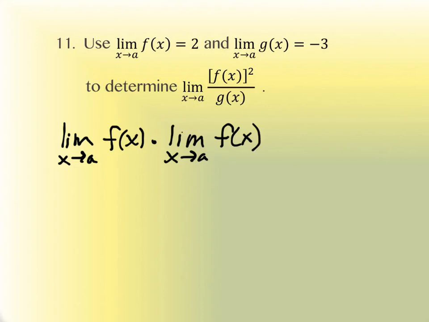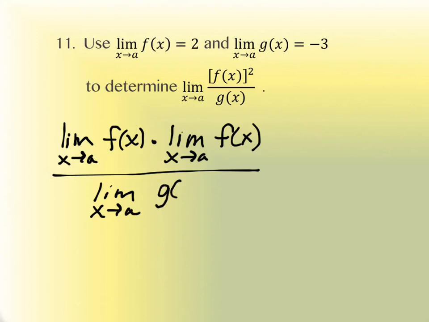And then what can I do? You can put that over the limit of g of x. Right. And that's using the other portion of theorem 3.1, which is part 4, where we had the quotient part of that, right? Now, that written down is what's going to allow you to say that the next part actually is able to happen.